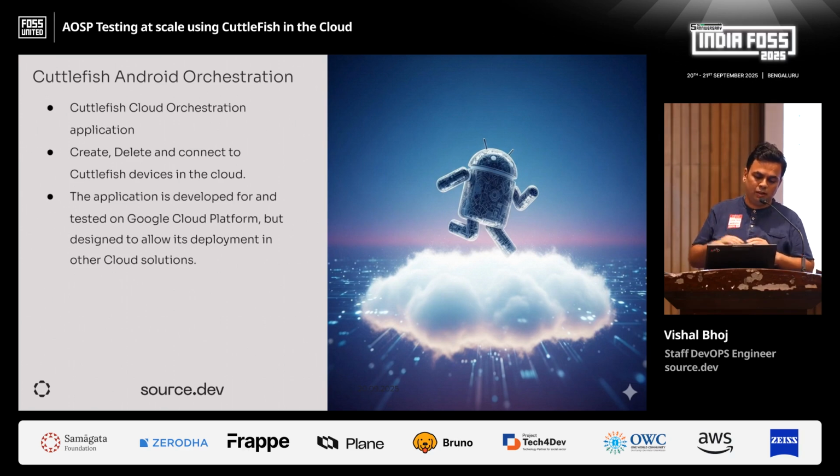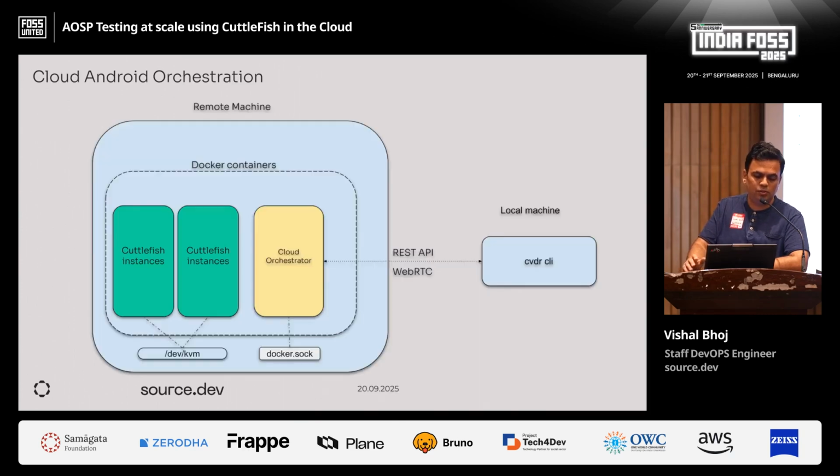You can create multiple Cuttlefish instances using your local machine, but all these instances will be running in the cloud, and you'll have connections over ADB on your machine, and you can still directly communicate with those multiple Cuttlefish instances. It is called Cuttlefish Android Orchestration. There was an alpha release last year for this project. It is in active development. You can take and deploy your own orchestrator and use it.